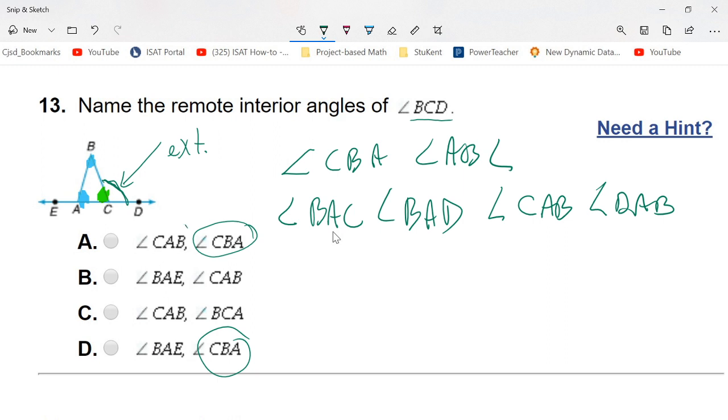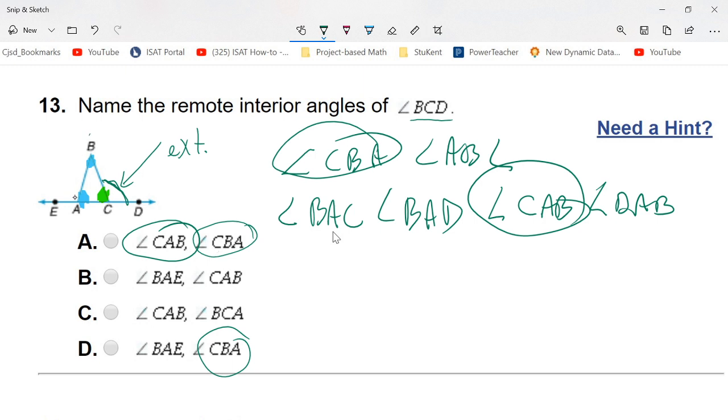So this one has angle CAB and angle CBA, and those two are correct. That one has BAE. BAE would be this guy outside. So that one's not correct. Okay, and the one that has angle C, that one's not remote. That's adjacent. And this one just has BAE. Says these two, and BAE is not even interior, right?